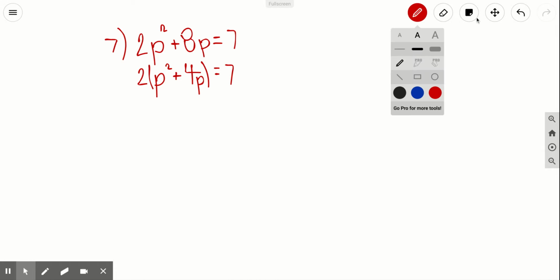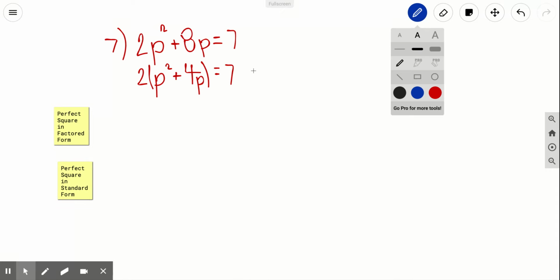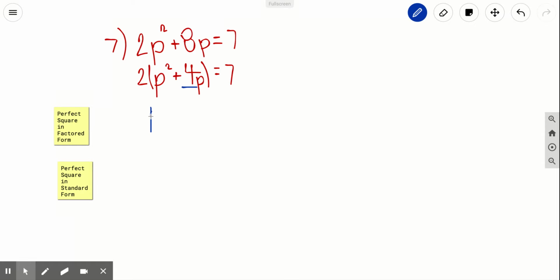And then I'll want to go ahead and find my perfect square in factored form, and my perfect square in standard form. So in this case, my b term is 4, which means my binomial will be p plus 2 times p plus 2, because 2 is half of 4.